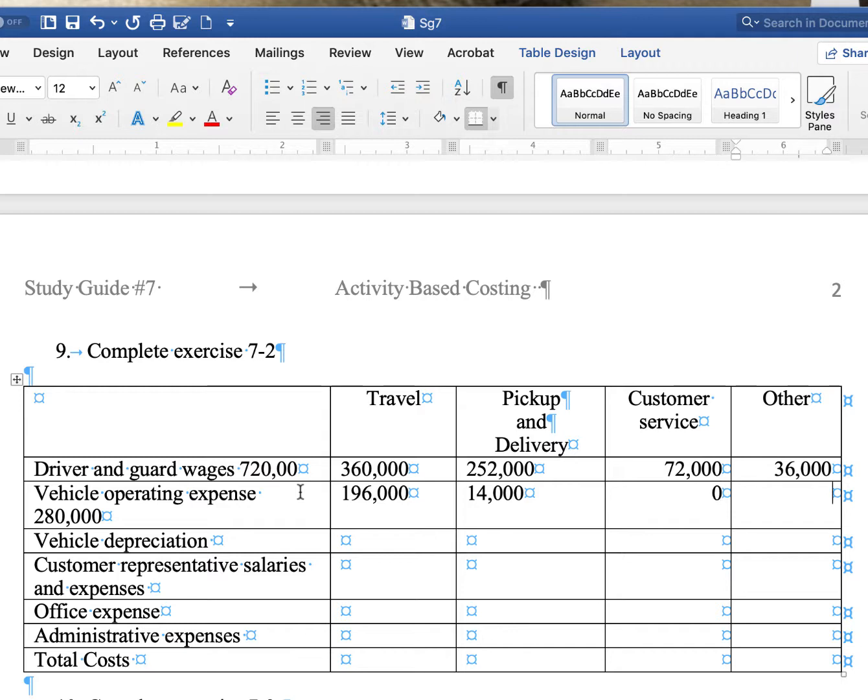These organizational sustaining activities, this other category, consume 25% of vehicle operating expenses. So again, 280,000 times 25% ends up giving me $70,000.